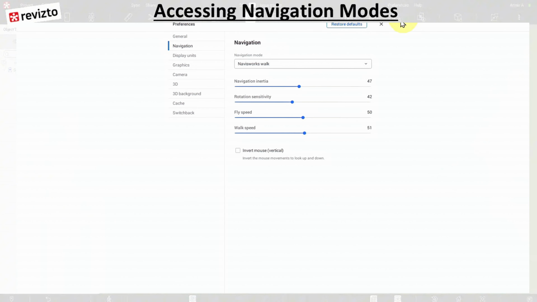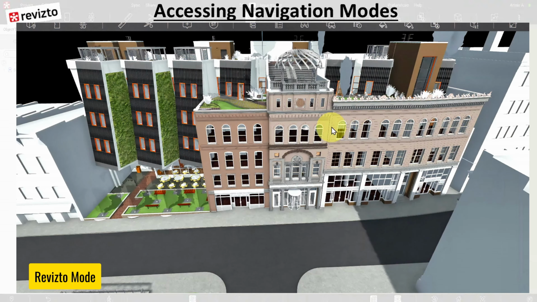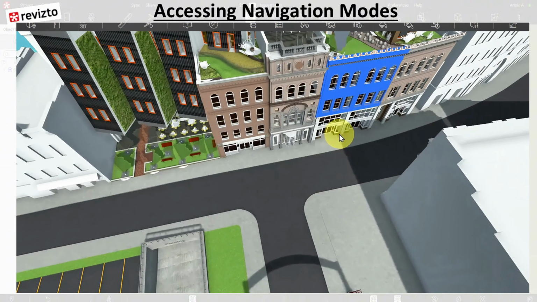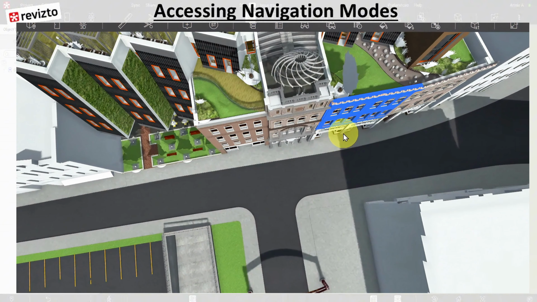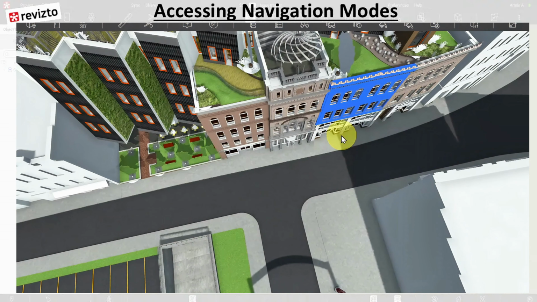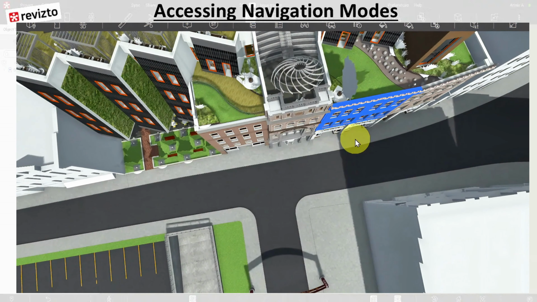So let's jump to a different one, which is going to be Revit. Okay, same thing, I selected it. If you want to fix any of these changes, you can go back. The main thing that I like about the Revizto mode is that when I move, if you guys notice, one little dot appears, and that's going to be the pivot point for whatever you do.